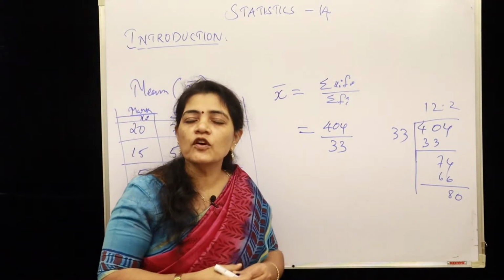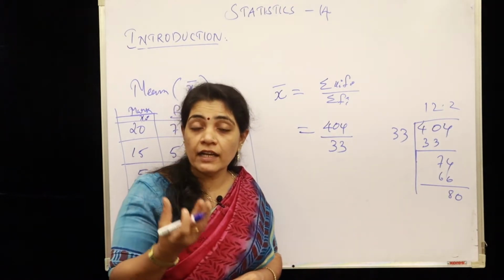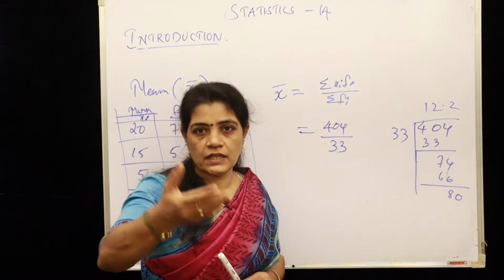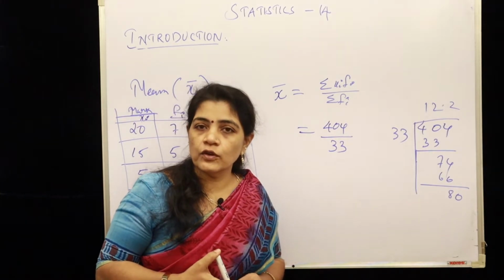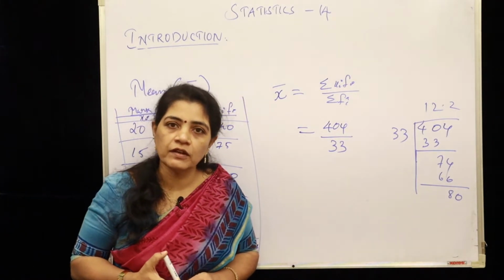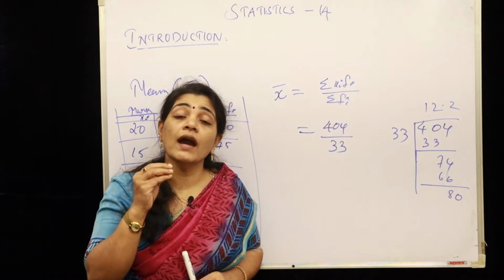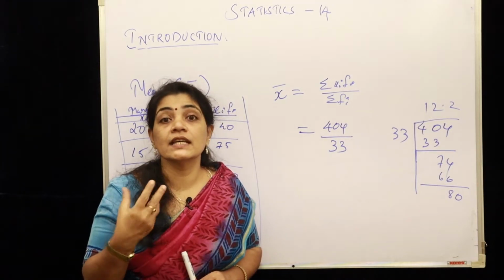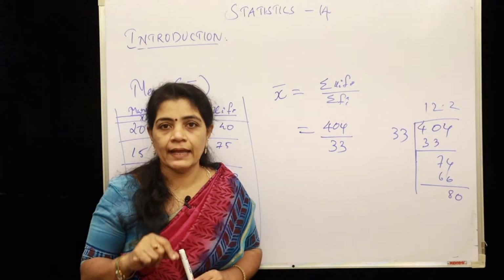Anyhow, for the first case, ungrouped data, it is the sum of the observations divided by the number of observations. For a grouped discrete frequency distribution table, it is sigma fi xi divided by sigma fi by the direct method.